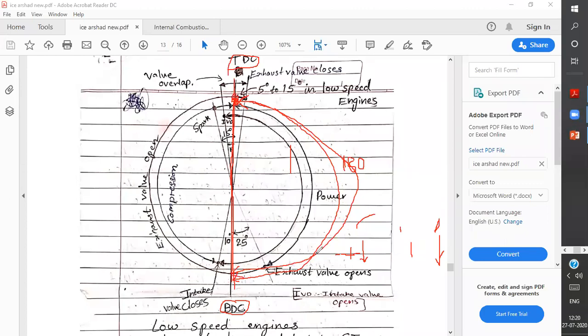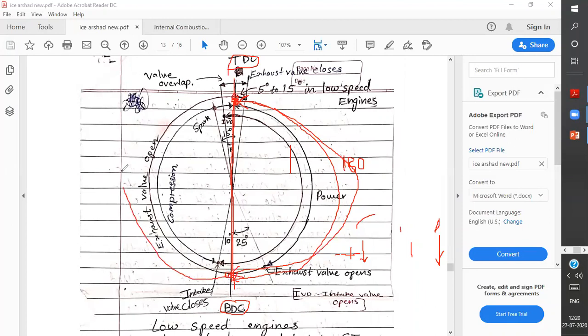After that, the intake valve will get closed at this point after the 180 degree rotation in the theoretical cycle.